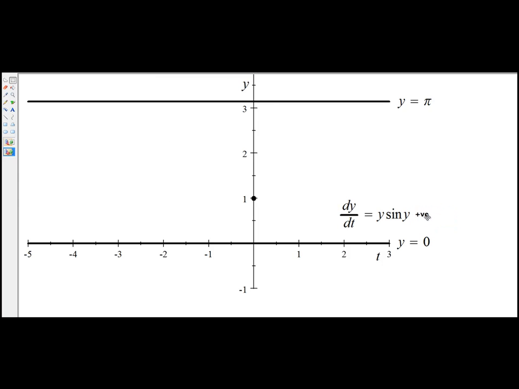Which means the graph of our solution will be an increasing solution, and the graph cannot intersect y equals 0 or y equals pi because of the uniqueness condition, which is satisfied here. So we can go ahead and try sketching that.